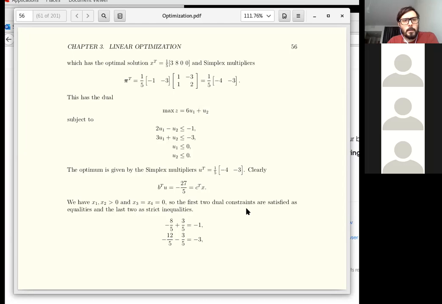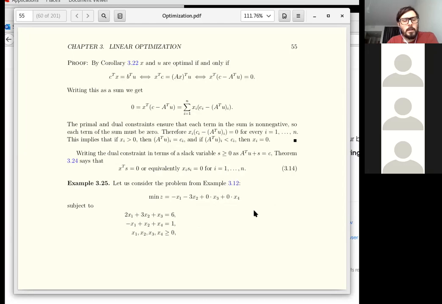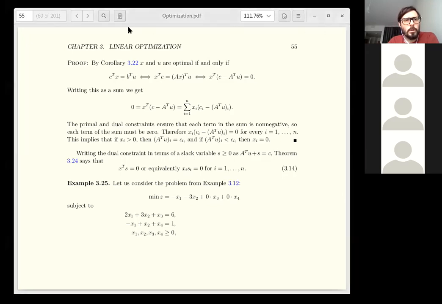So you should have the code for example 3.12, doing that in the simplex algorithm.